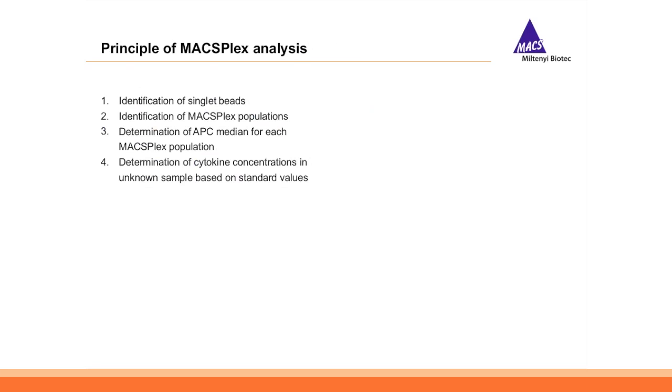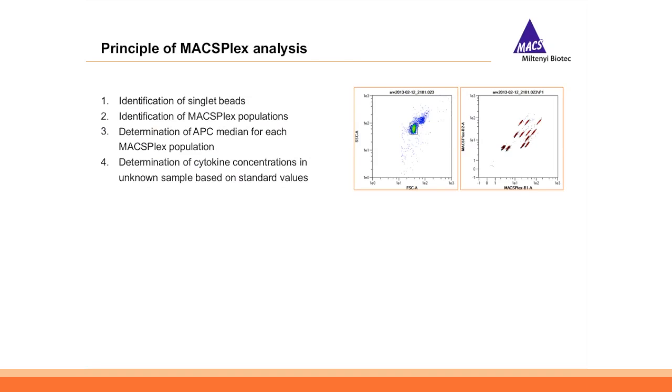Over here, although I go into details in the third part of my talk, I'd like to give you also a short overview of the principle of analysis. So first, you start with the identification of the singlet beads, then go on with the identification of the MACSPlex populations and assign the analytes to each bead population.